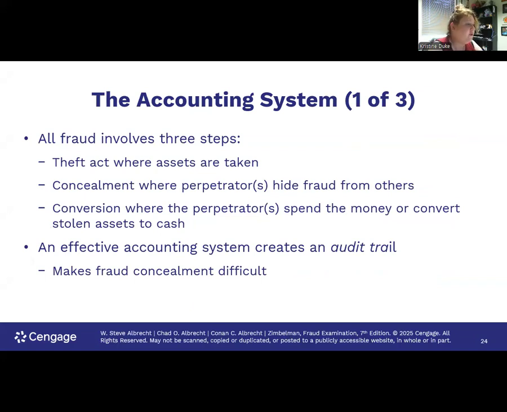So all fraud involves 3 steps: theft, concealment, conversion. An effective accounting system creates an audit trail, which makes fraud concealment difficult. I worked in retail, and they had a CRM software that they used, and the focus was all about customer retail management.